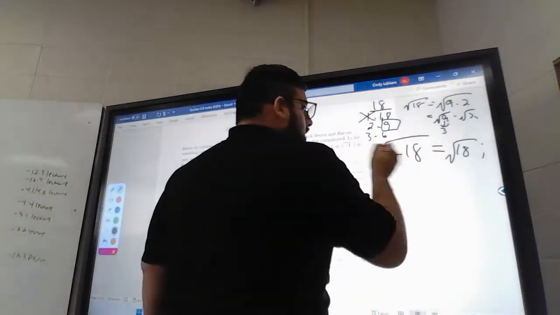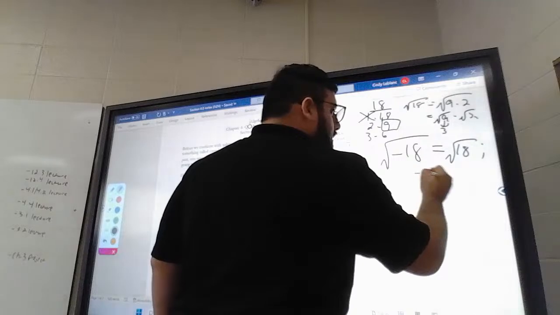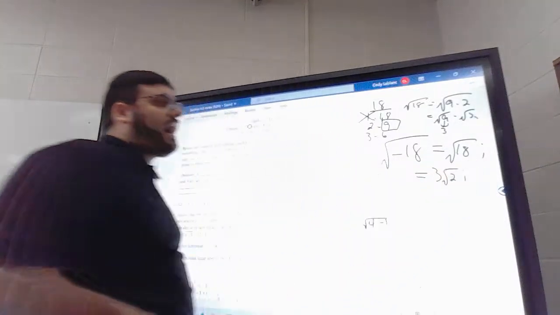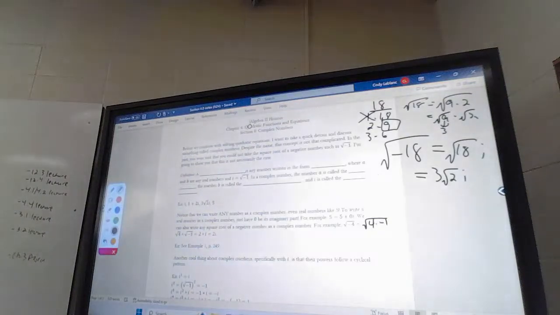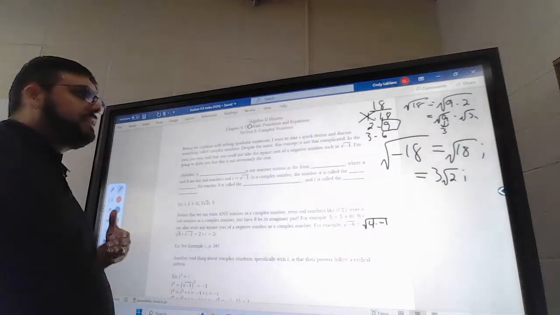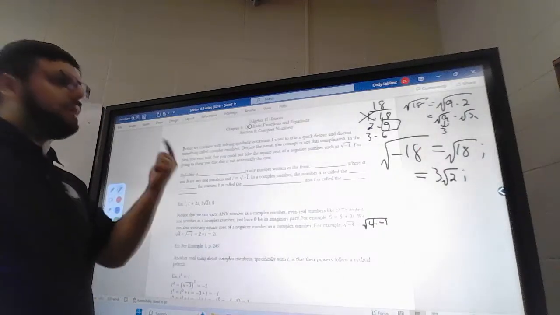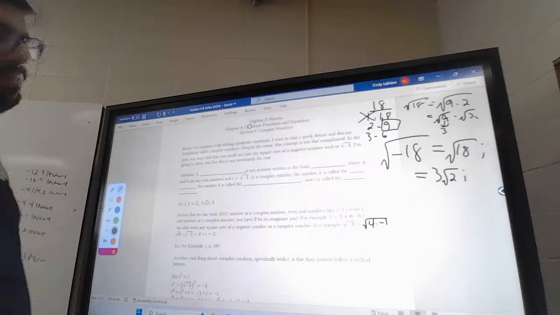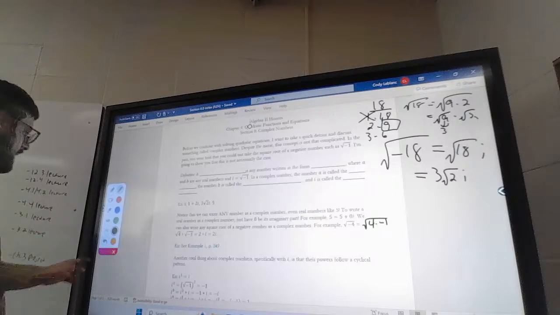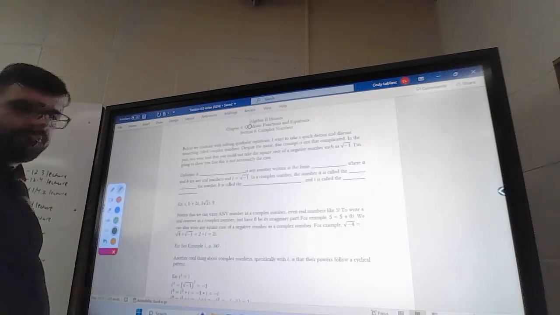So the square root of -18 can be rewritten as 3 times the square root of 2 times i. Especially when we get to solving quadratic equations using different methods, we are going to be very vigilant about simplifying square roots, whether I get a real number or whether I get a complex number. Okay, now, moving on.